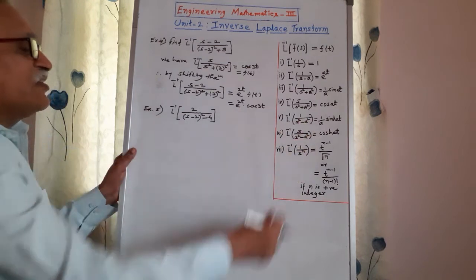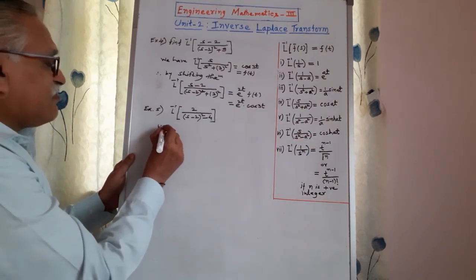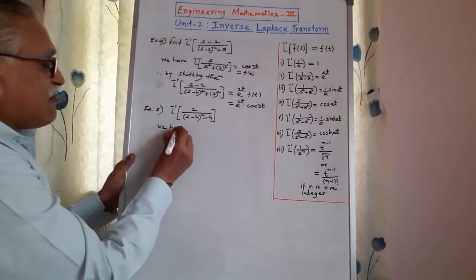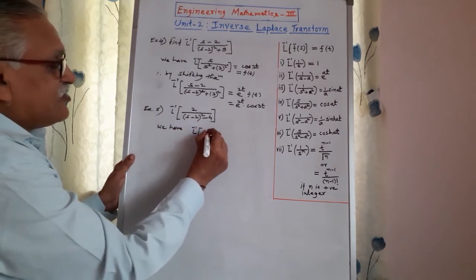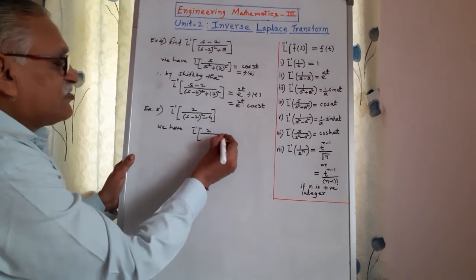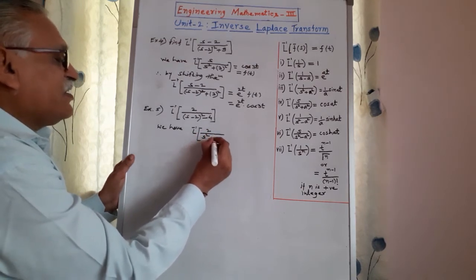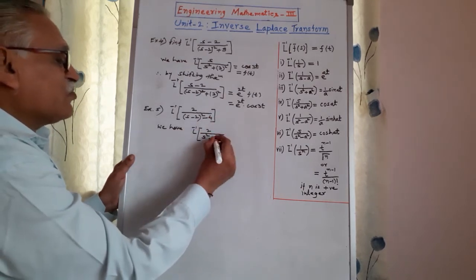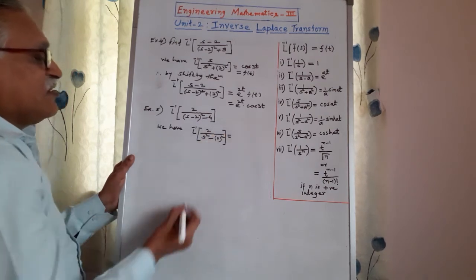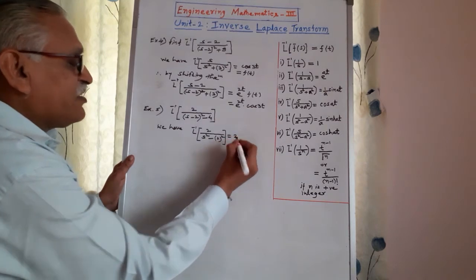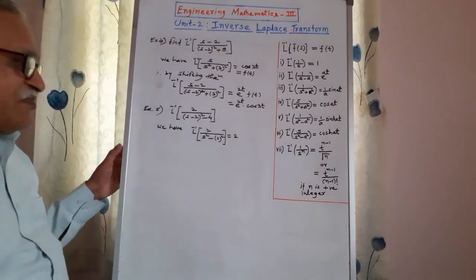Therefore, using this, we have inverse Laplace of 2 upon s square minus 4. 4 means 2 square. This 2 I can take outside as it is a constant term.